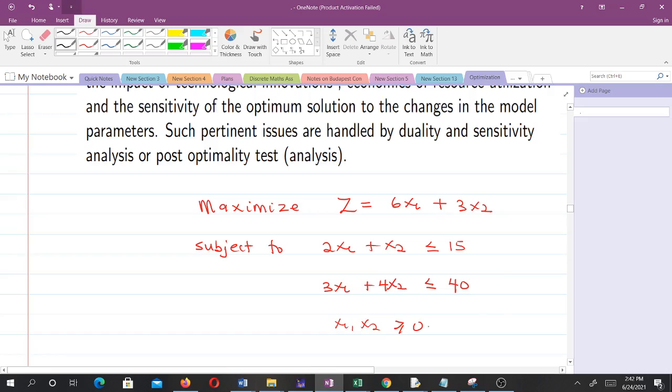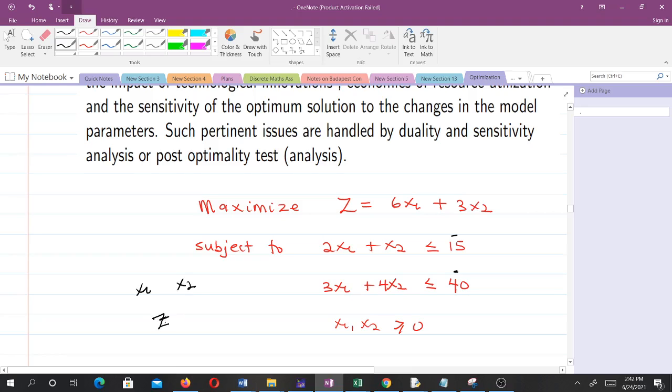Mostly for the constraints, the right hand sides are resources, and with the objective function, the coefficients of the decision variables are profits. Let's say we have solved this model, and we had a certain value for x1, a certain value for x2, and a certain value for z, which is the maximum profit.